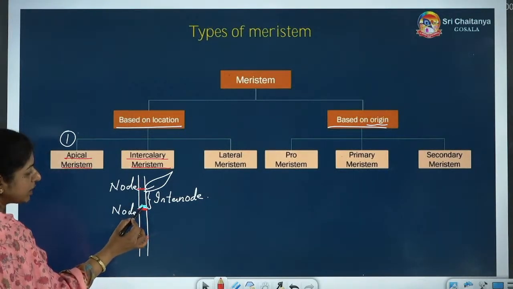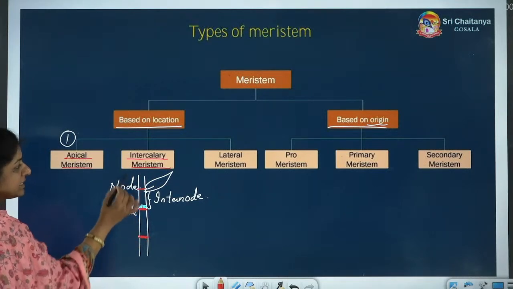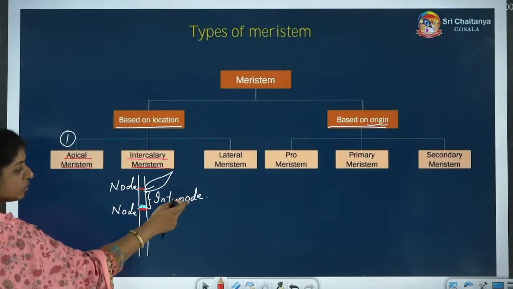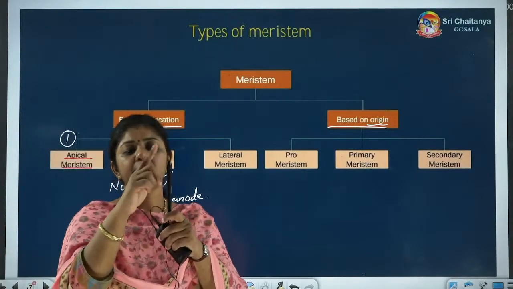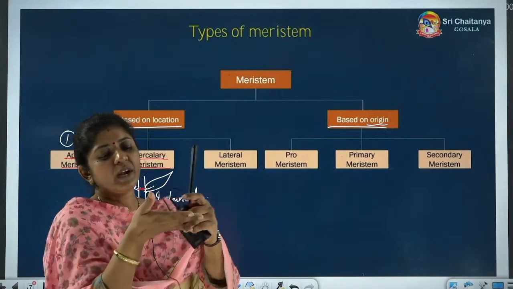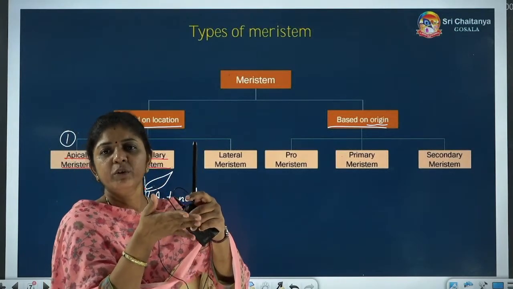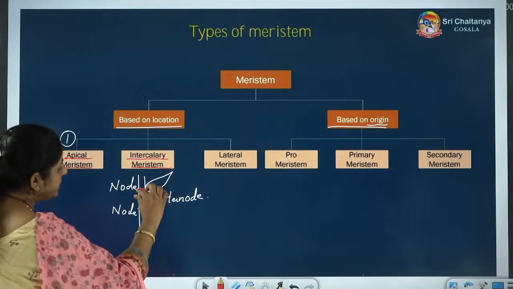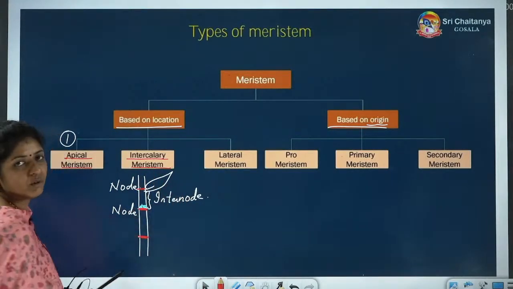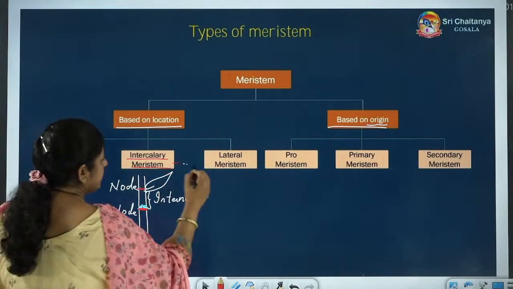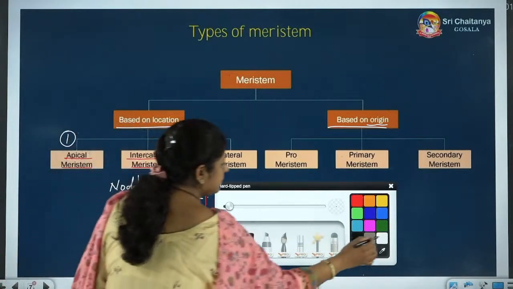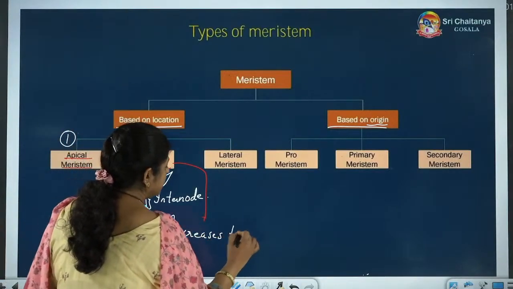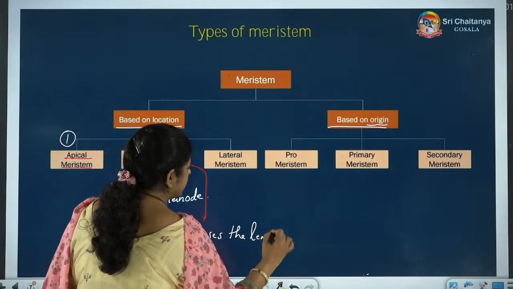And the blue color, what I have shown you over here, is the intercalary meristem, which is present at the base of the internode, near the node. It is increasing the length of the internode.